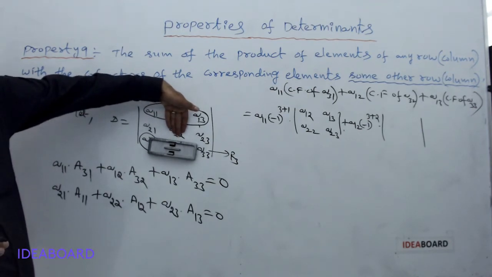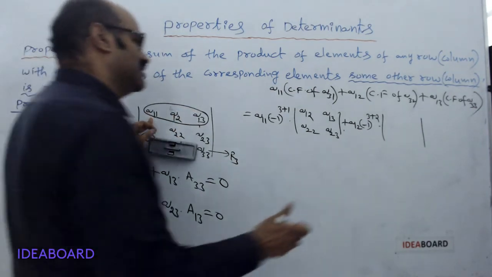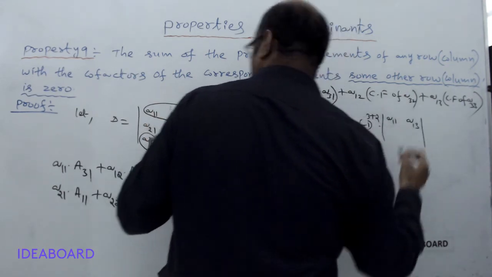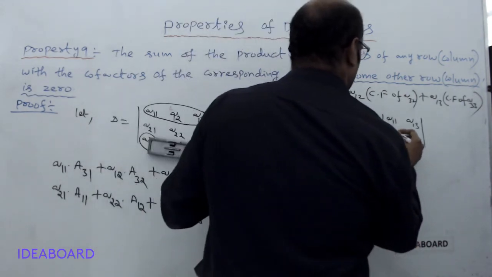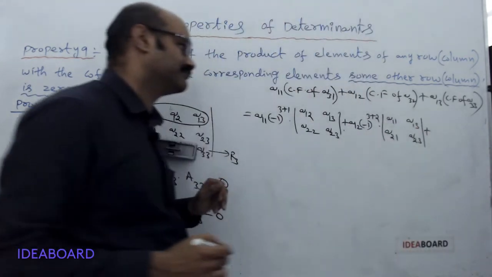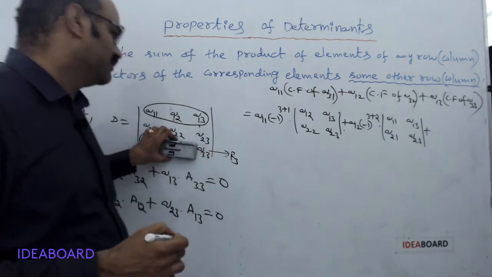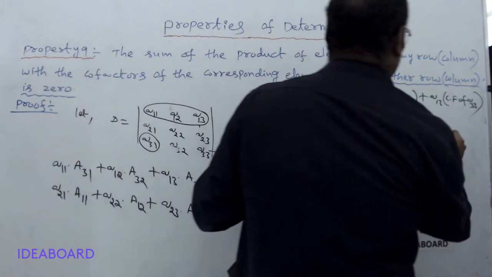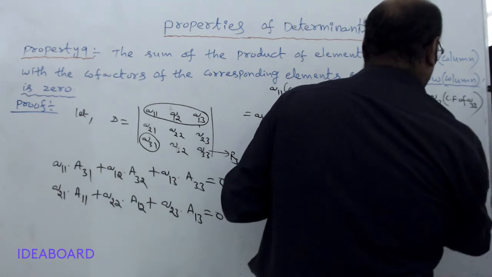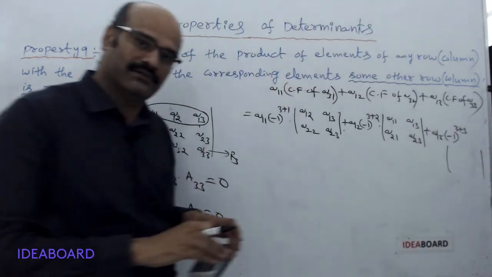So now here we have to take the remaining 4 elements. So the remaining 4 elements are A11, A13, A21, A23 plus A13 into minus 1 whole power 3 plus 3 into minor of A33.